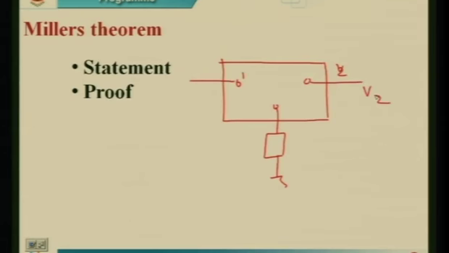The voltage at this point is V1, the voltage at the other is V2, the current flowing through this is I1, and the current flowing through this is I2. Then this impedance is to be replaced with its equivalent value.